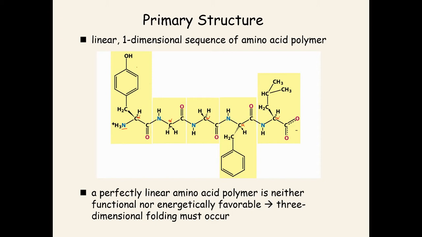It also shows the different R groups. So here's R group 1, R group 2, R group 3, R group 4, R group 5. So we're starting from the N terminus to the C terminus.